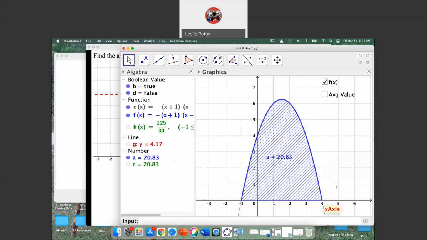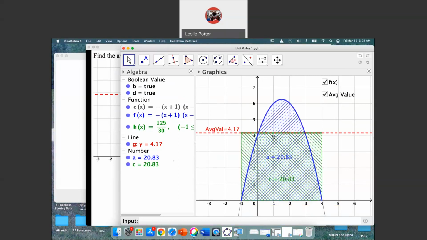What we want to do is replace this function with what we call a constant function. That's what a horizontal line is. In fact, I'm going to take away the parabola for just a minute. I want to replace that blue region with this green region.